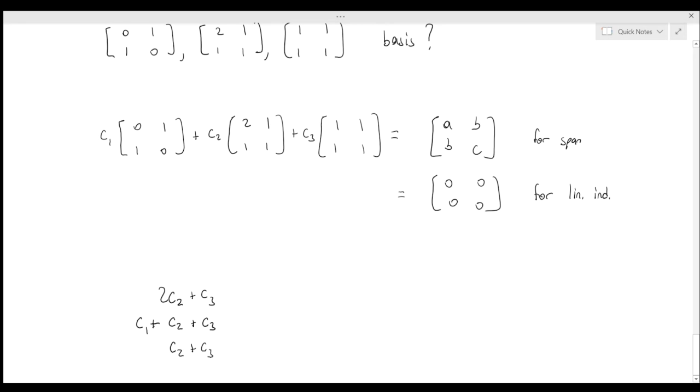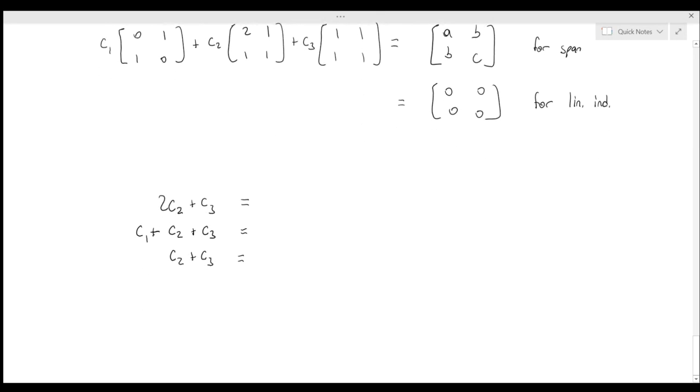Okay. So this was what we'd have on the left-hand side. The right-hand side would depend on whether you're checking span or independence. But all we really need to do to check if they span and are independent is look at the coefficient matrix.